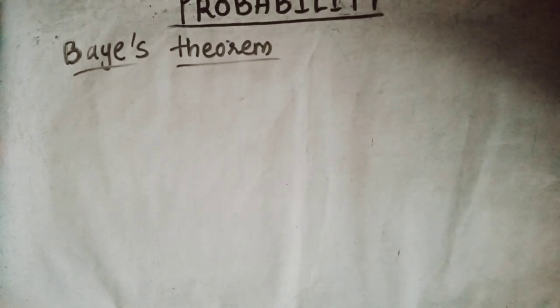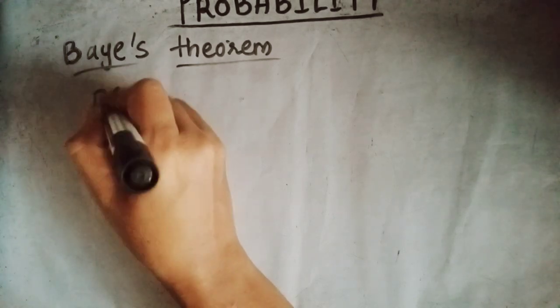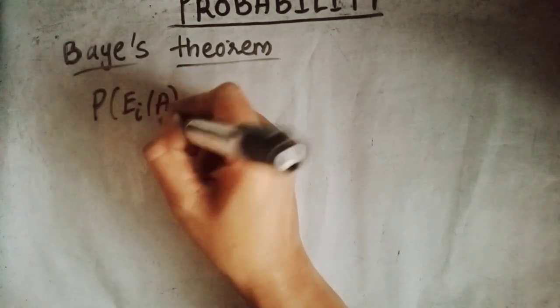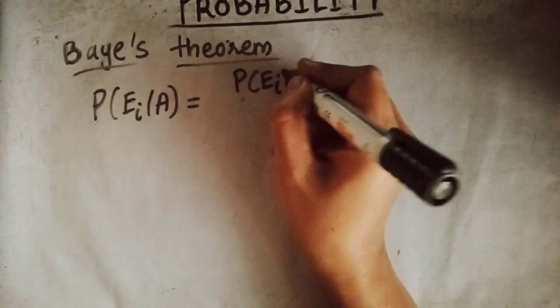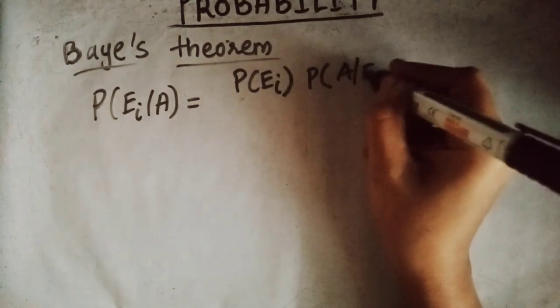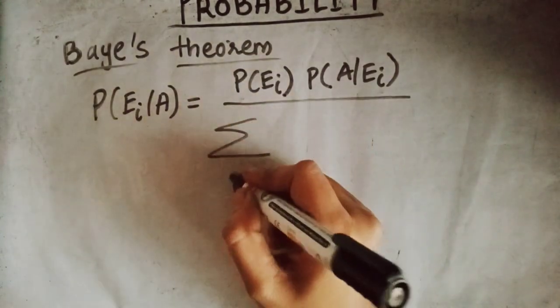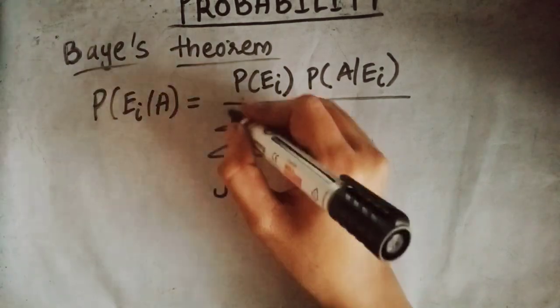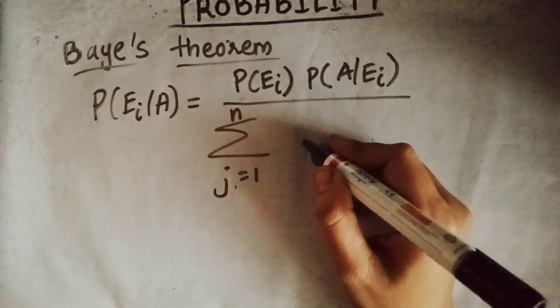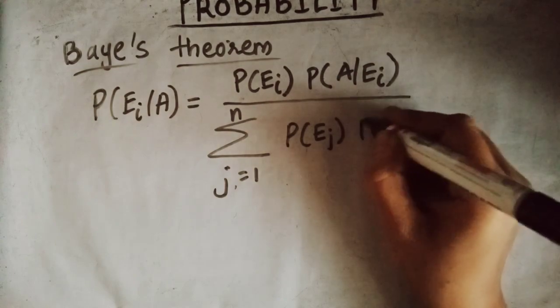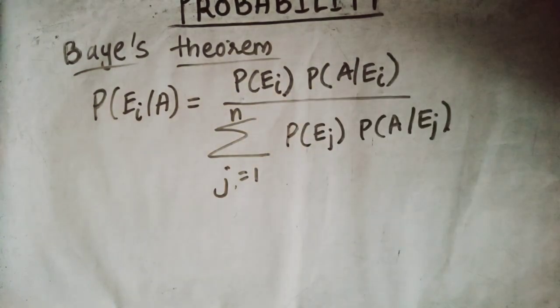It says that if E1, E2, ..., En are n non-empty events which constitute a partition of sample space S, that is E1, E2, ..., En are pairwise disjoint and their union is sample space, and A is any event of non-zero probability, then P of Ei given A, where i ranges from 1 to n, is P of Ei into P of A given Ei upon summation j from 1 to n of P of Ej into P of A given Ej.